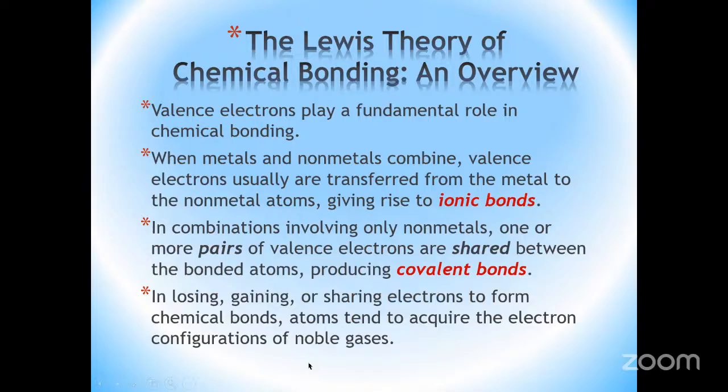In any case, whether you're talking about ionic or covalent bonding, what is involved in both instances is losing, gaining, or sharing electrons to form the chemical bonds. And what tends to happen, not in all cases, but especially in the cases of the representative elements, is that the resulting atoms, when they lose or gain electrons, form ions which will have a noble gas configuration, right?